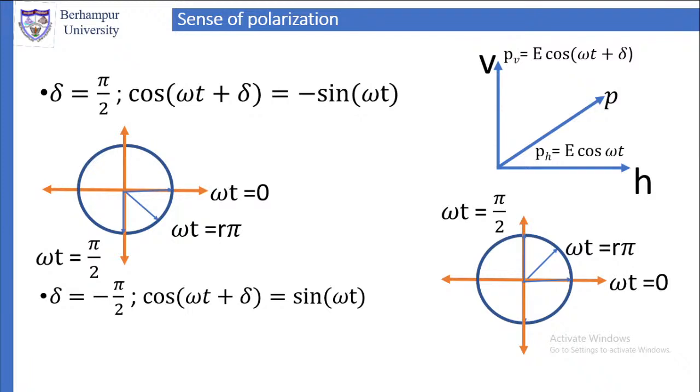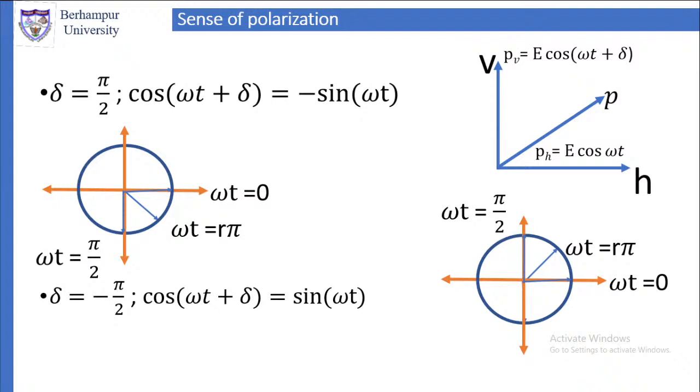Then omega t is equal to pi by 2 will reach the vertical downward direction, because cos pi by 2 is 0. We will have only the vertical component, and the vertical component is minus sin omega t, so it will be in the downward direction.